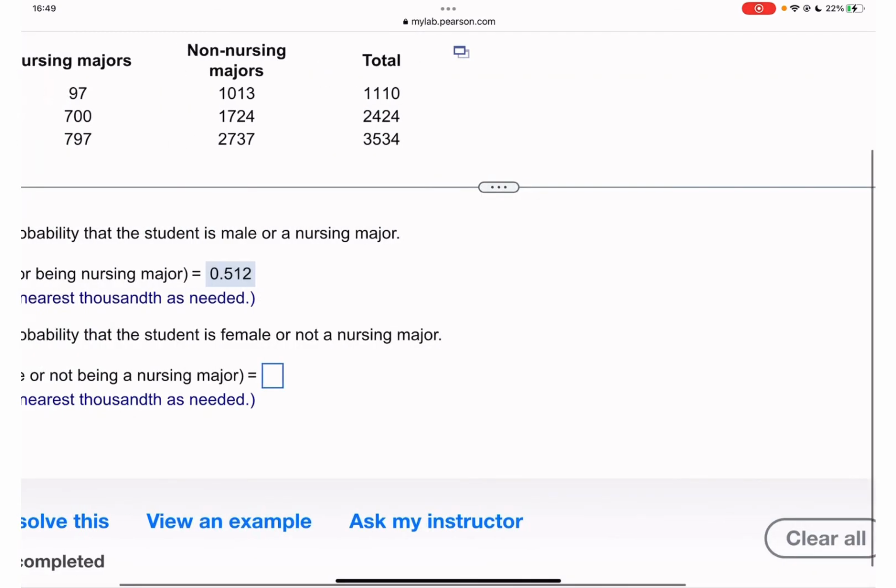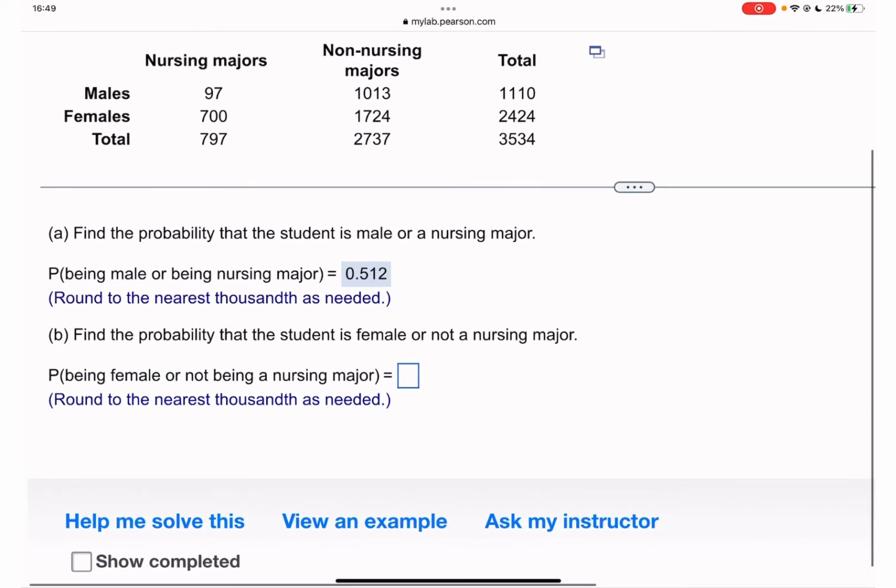Well done. Next one. Find the probability that a student is female or not a nursing major. For female, the total is 24 out of 35. Not nursing major is 27, because it's the total by column, 27 out of 34.